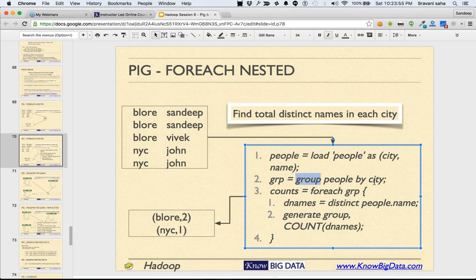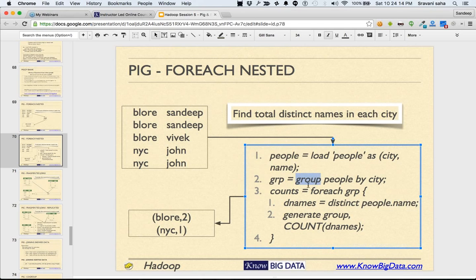After we grouped people by the city, we are saying for each group. For each group, when you put curly brackets, the value is available as a data set. Now, you can apply things like distinct on that data set, right?